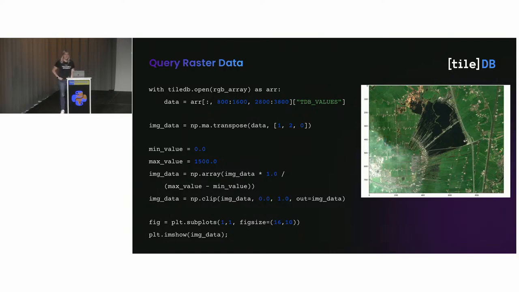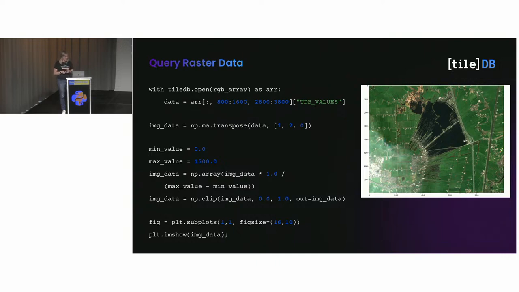Let's query some data, because we have data now and kind of know what it looks like inside the array. Now I import the TileDB package again, and I open the array. So I just say TileDB open as an array. I'm just going to slice a little area from this, in this case Sentinel-2 data, and pretty much load the data and transpose it around to make north go up.